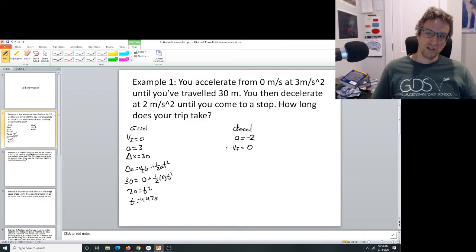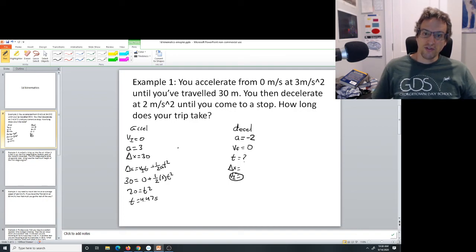But we still have the time for this second part. So here's the second thing we have to figure out. We need to know time. In order to get time, we need to know either change in x or v initial, and it turns out the one we can get is v initial. The reason we can get v initial is because the initial velocity of your slowing down is actually the final velocity over here.